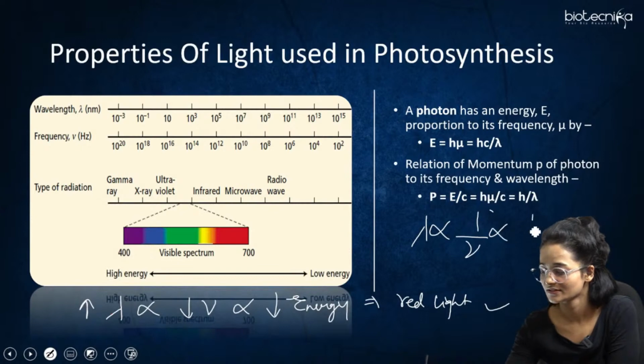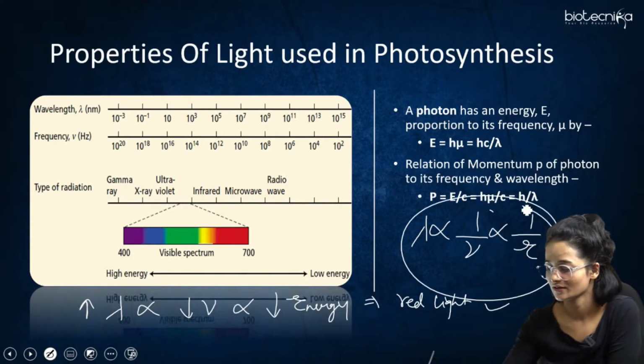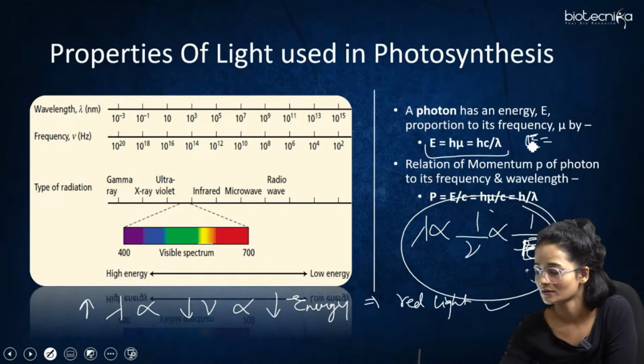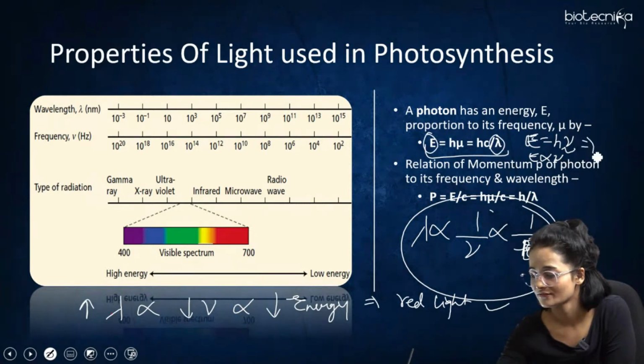Because from the equation itself, you can see that E is equal to h nu, where nu is the frequency. So E is directly proportional to the frequency, while energy is inversely proportional to the wavelength.